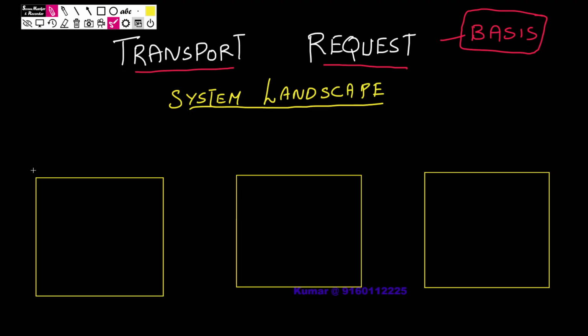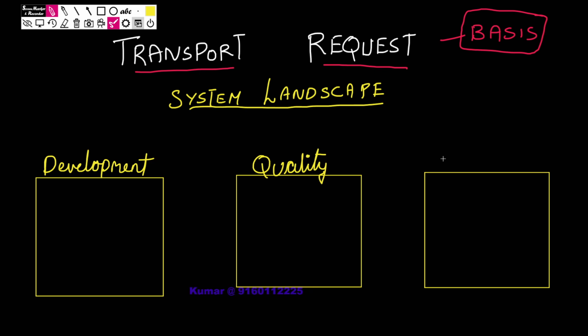In the system landscape, we are going to have first the development server, and next the quality server, and the last one is, what is the last one? Production server.